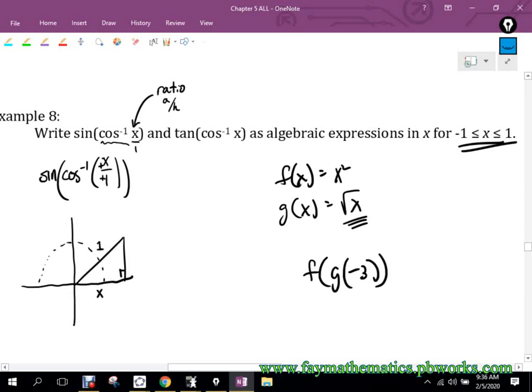If I just call this b, can I say b squared plus x squared equals 1 squared, which is 1? So then would b squared equal 1 minus x squared? And then b would be the square root of 1 minus x squared, but then it would be positive, right?